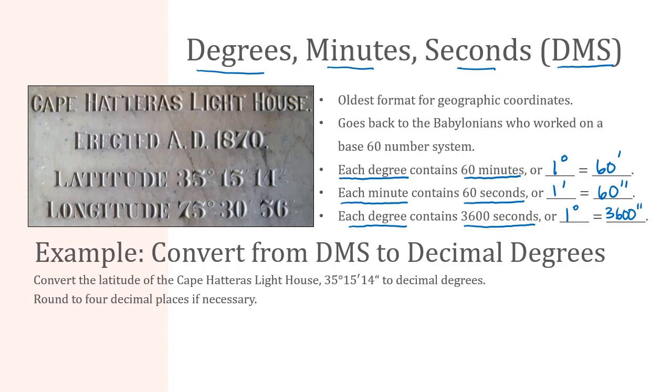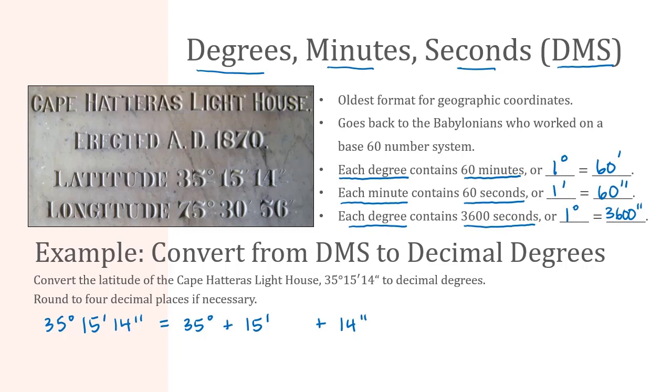So I'm going to start out always with writing the original problem, so pay attention to this notation. It'll help keep you organized, and it'll also help the reader really follow your work. So 35 degrees, 15 minutes, 14 seconds. What that represents is 35 degrees plus 15 minutes plus 14 seconds.